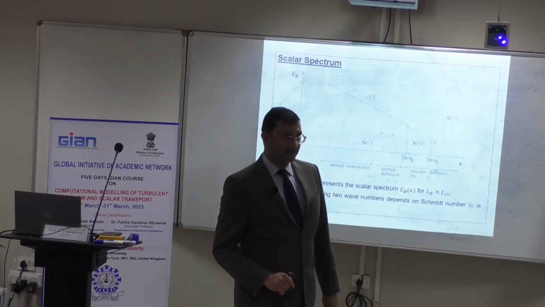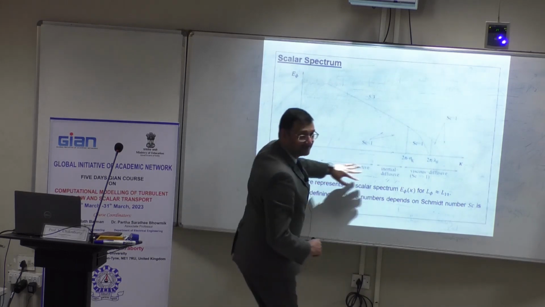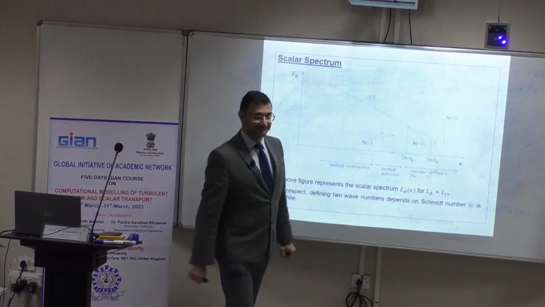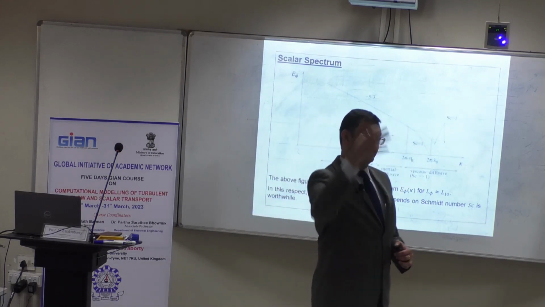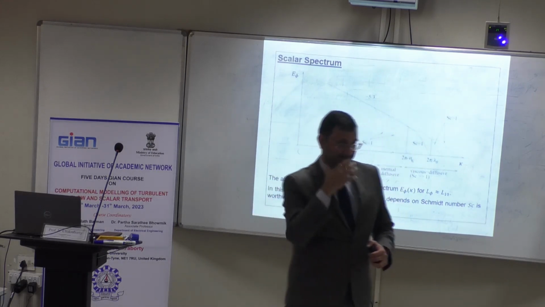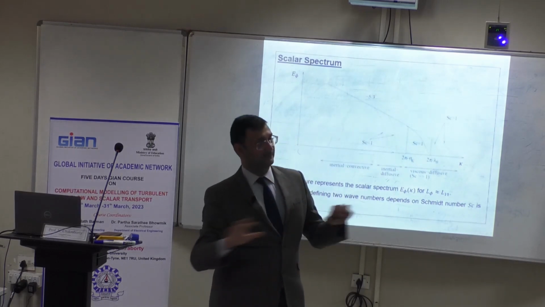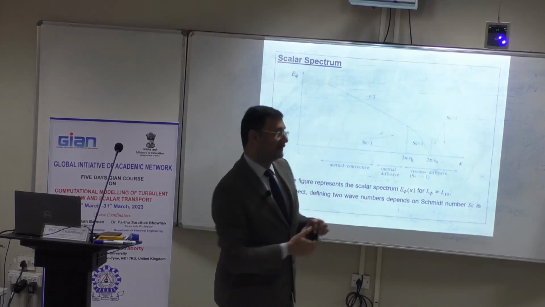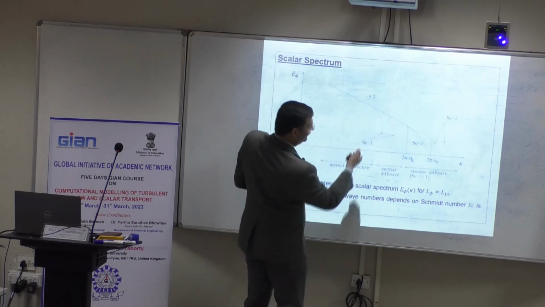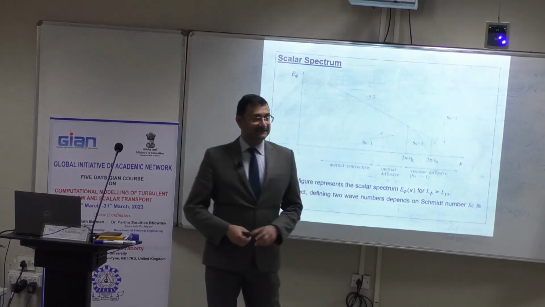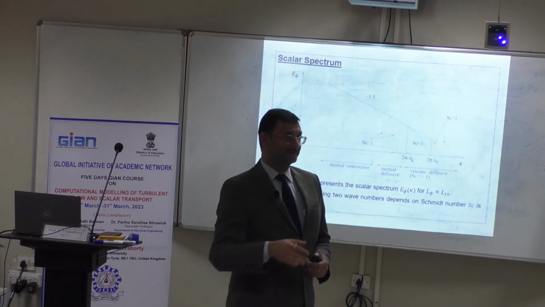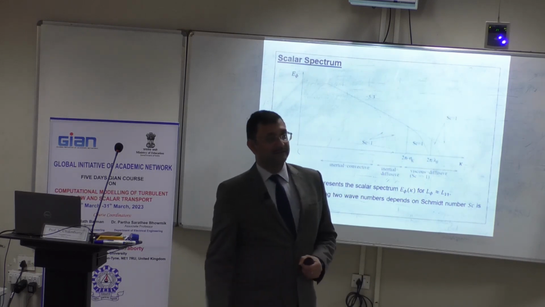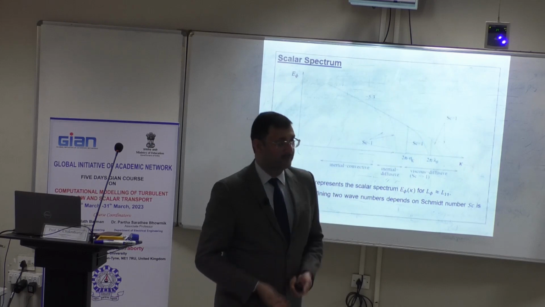Molecular diffusion does not play a very important role in how the scalar fluctuation is distributed from the large scale into the small scale. Happy with that? But from this point on, wherever the roll off takes place, this is essentially scalar dissipation rate killing the fluctuations and basically giving a fully homogeneous state.